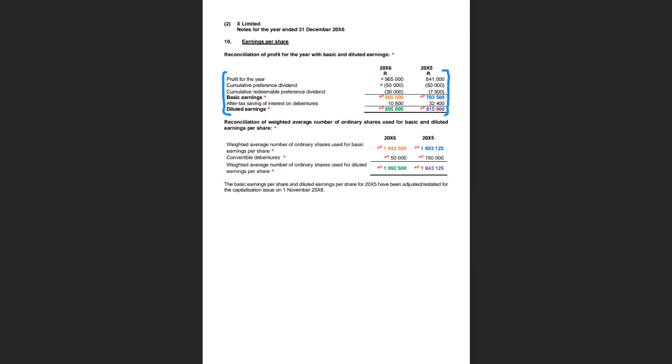There's profit, cumulative dividends, and cumulative redeemable preference dividends. Then they've also got the debenture interest. Do these amounts look similar? Yes, this is in fact the exact same amounts that we used in our earnings calculation.